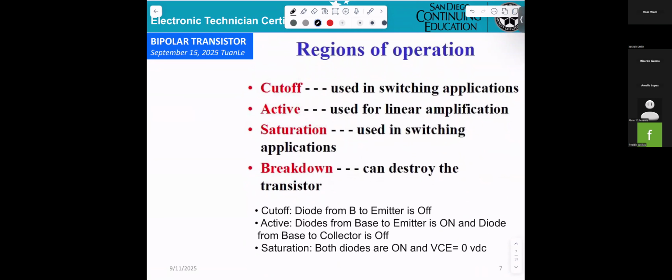Okay. Now, regions of operation. A transistor can be in cutoff, active, or saturation. Cutoff is used in switching applications. Active is used for amplifiers. Saturation is used in switching applications.